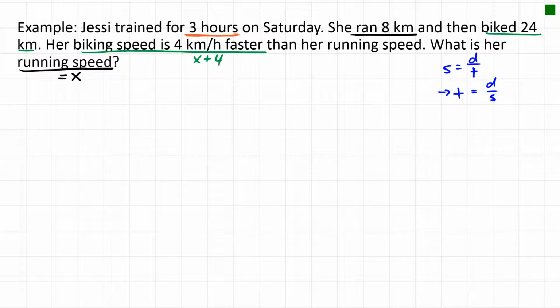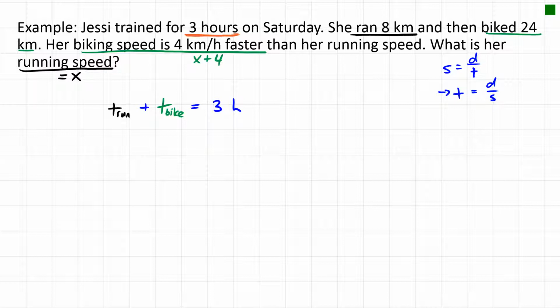And we can say that the time that she spent running plus the time that she spent biking, time bike, is equal to 3 hours. So it's that 3 hour time, total time that's tying these two values together.